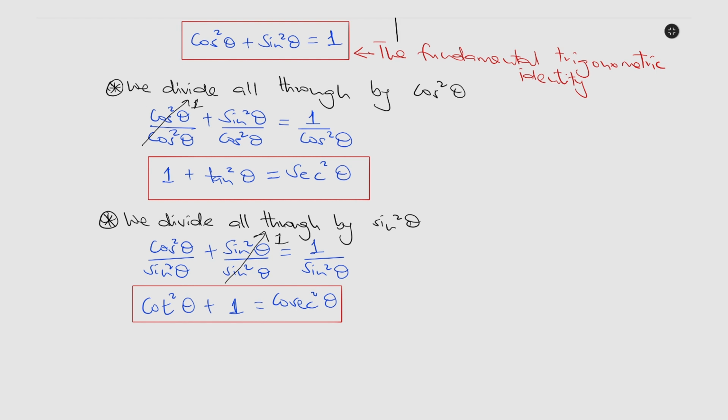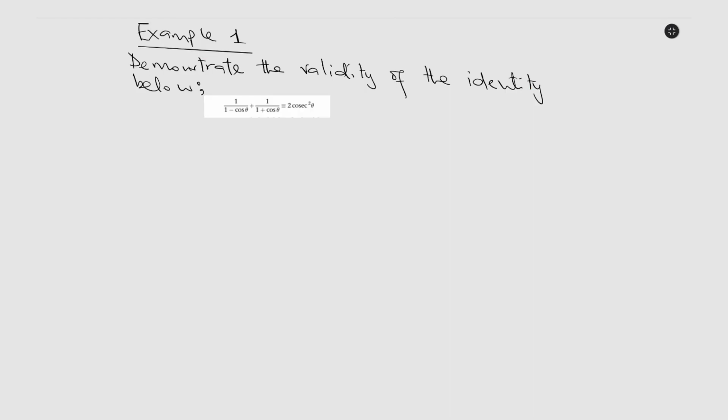I want us to see how we can use them in examples. So here's our example 1. You have been asked to demonstrate the validity of the identity below. So this is what we want to demonstrate.